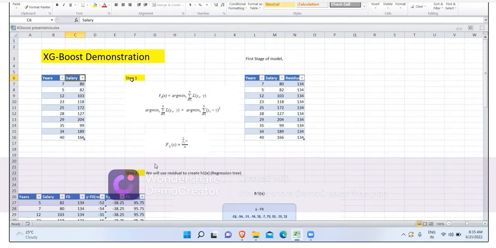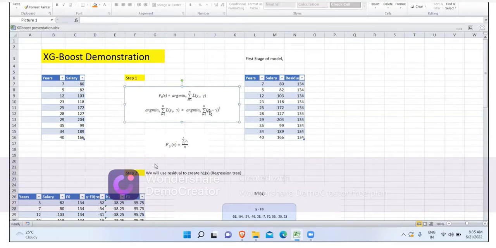So the first step goes like this. The model should be initialized with the function f0(x), as you can see over here. And f0(x) should be a function which minimizes the loss function, or the mean square error. In order to minimize the square error, we can take the first differential of the above equation, that is this equation.